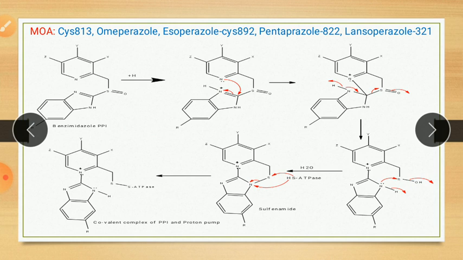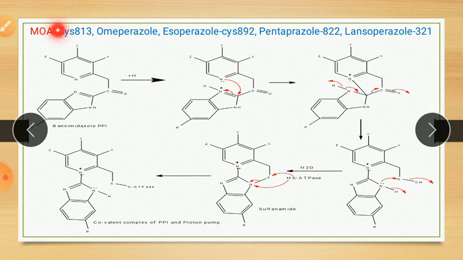All of these PPIs have been shown to react with cysteine 813 of the pump, but some bind to additional pump sulfhydryl residues as well. So the main target of this drug is cysteine at position 813, but it also inhibits other cysteine residues. Omeprazole and esomeprazole also react with cysteine 892.